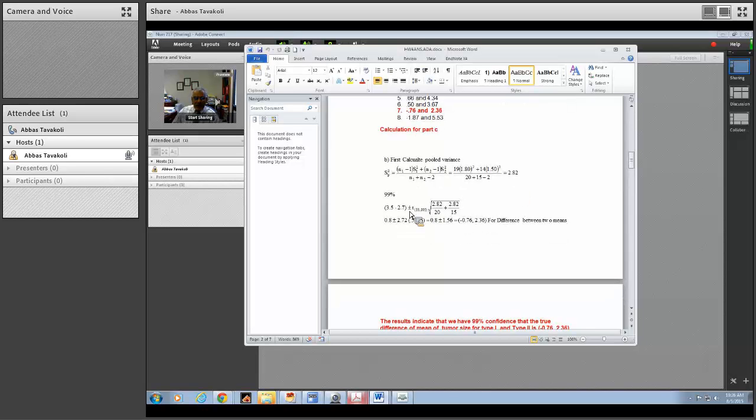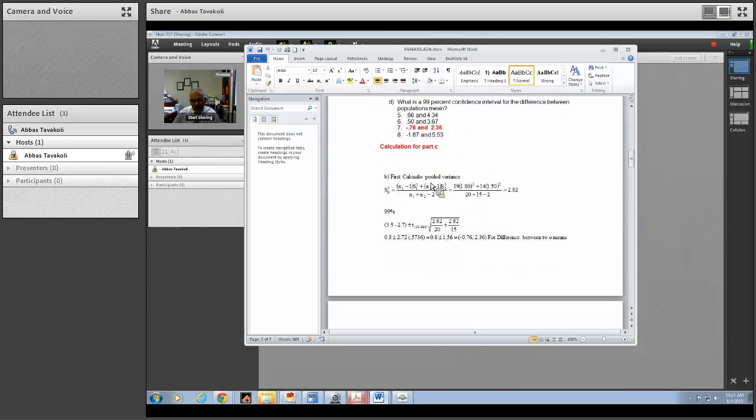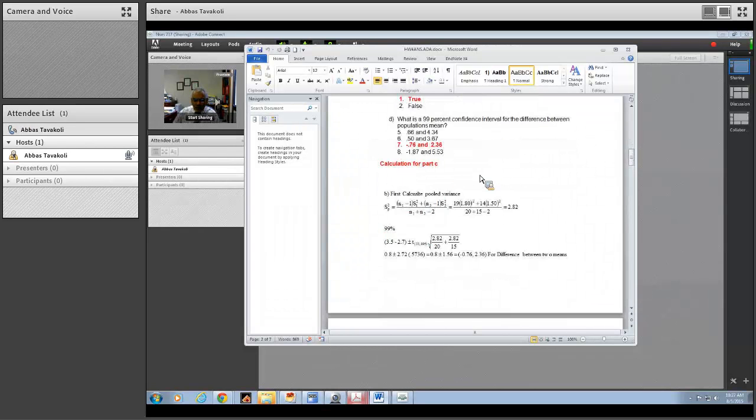Then we use the formula again, 3.5 minus 2.7, and our reliability coefficient has degrees of freedom n1 plus n2 minus 2. We want 99%, so alpha is 0.01, then 0.01 over 2 would be 0.005, so we need 0.995, and you find that value from the t table.